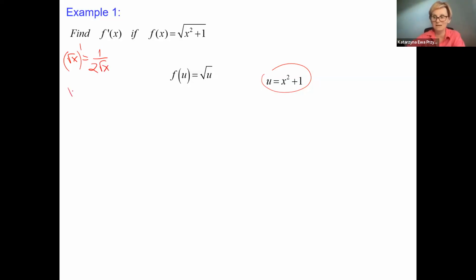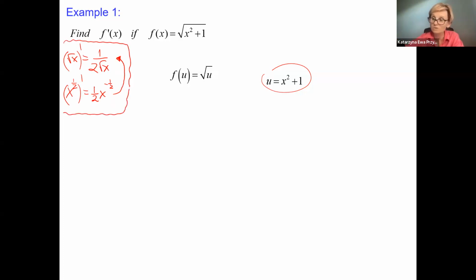Everybody is okay with that, because square root of x is x to the power of 1/2, and using the power rule, the derivative is 1/2 x to the power of negative 1/2, because we're subtracting 1. Rewriting without the negative exponent, it is 1 over 2 root x.